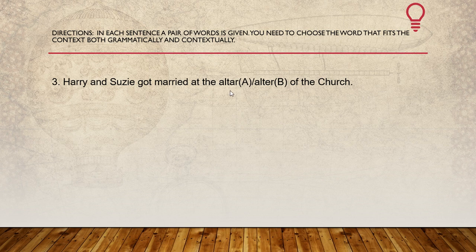Altar means the table of a Christian church at which bread and wine are consecrated. Means it is part of a church, right? And alter means, you must be knowing the meaning of alter. It means to make structural changes, a change in composition. And synonyms of alter can be change, adjust, or modify.